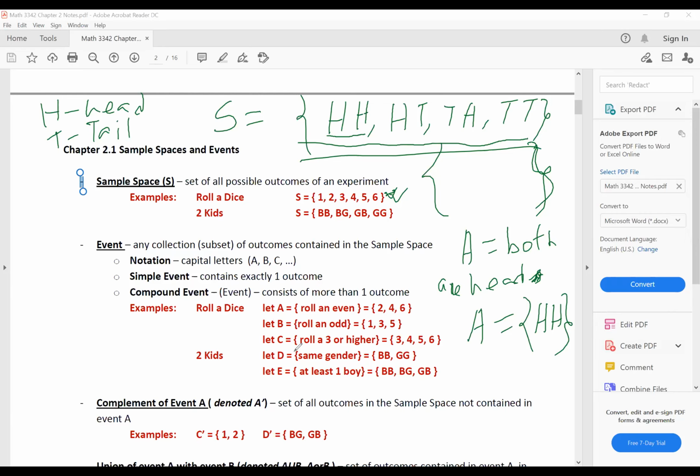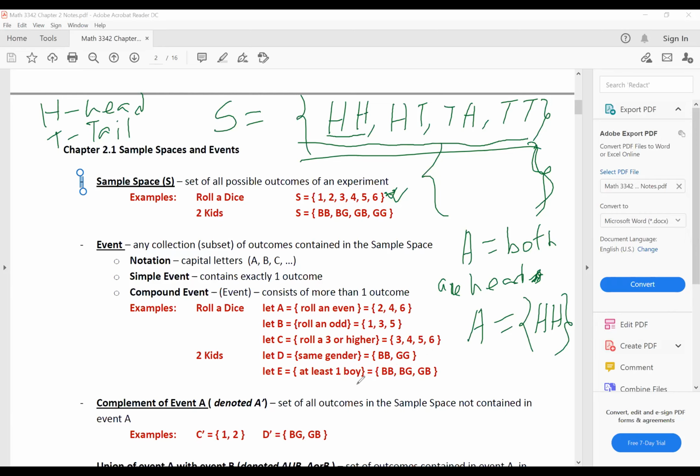D and E came from the experiment of knowing the gender of two kids. Here D is same gender. That means both are boys or both are girls, BB, GG. So this is also a compound event. And E is at least one boy.